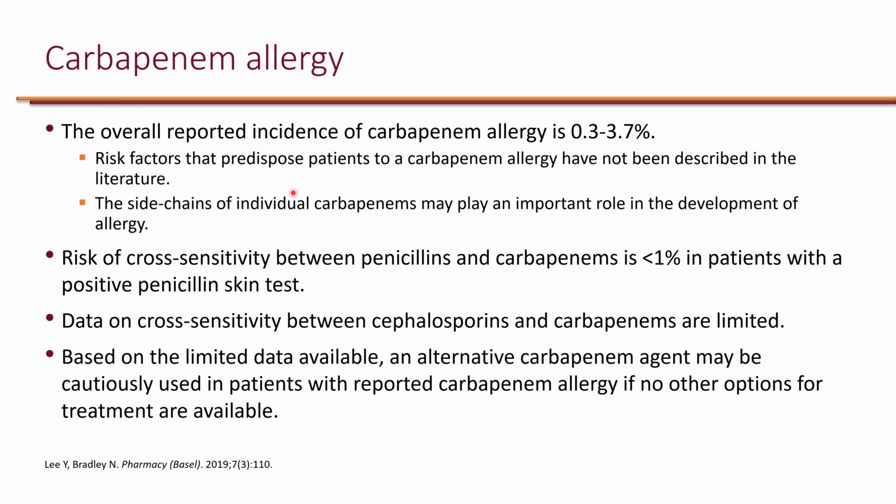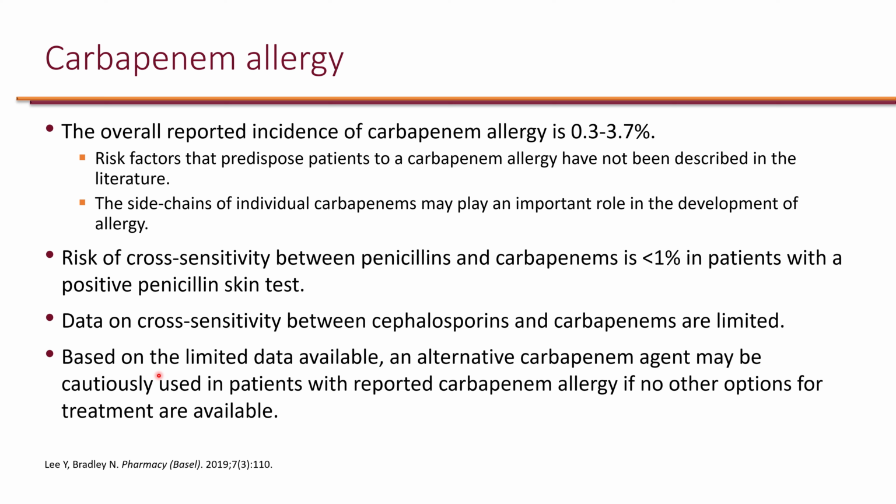And lastly, with carbapenem allergy, again, even more rare and really limited data with carbapenem allergy. It's not studied as well. The risk of cross-reactivity between penicillins and carbapenems is less than 1%. Now, carbapenems are unique in that when we need to use carbapenems, we're dealing with some severe infections that we really need carbapenems.